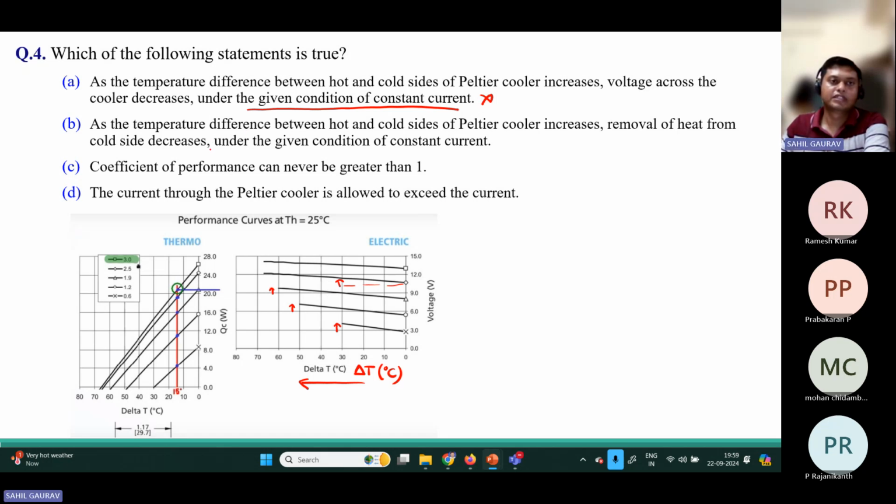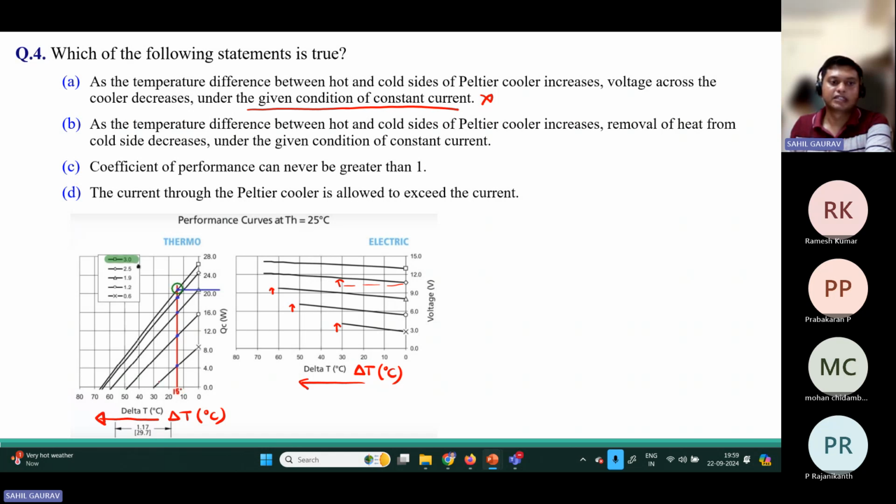Now coming to the next option. As the temperature difference between the hot and cold side of the Peltier increases, removal of heat from the cold side decreases. So again, we will go this side, delta T. Yes, we can see that as delta T increases, removal of heat from the cold side decreases.